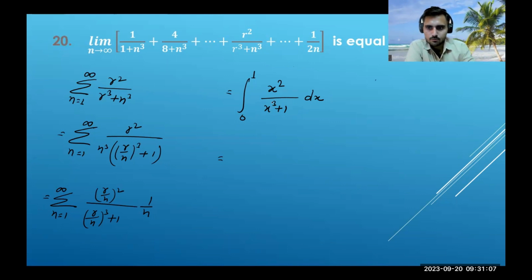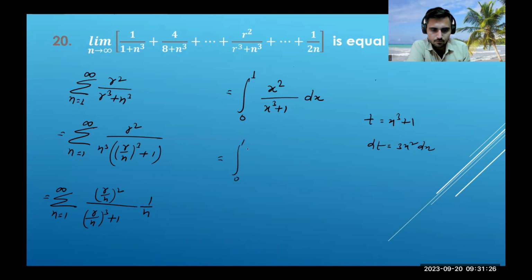So we'll apply the substitution method, and consider t equal to x cube plus 1. So dt equal to 3x square dx, right? So limit 0 to 1, and we'll write directly 1 by 3, and it will become log t, right?